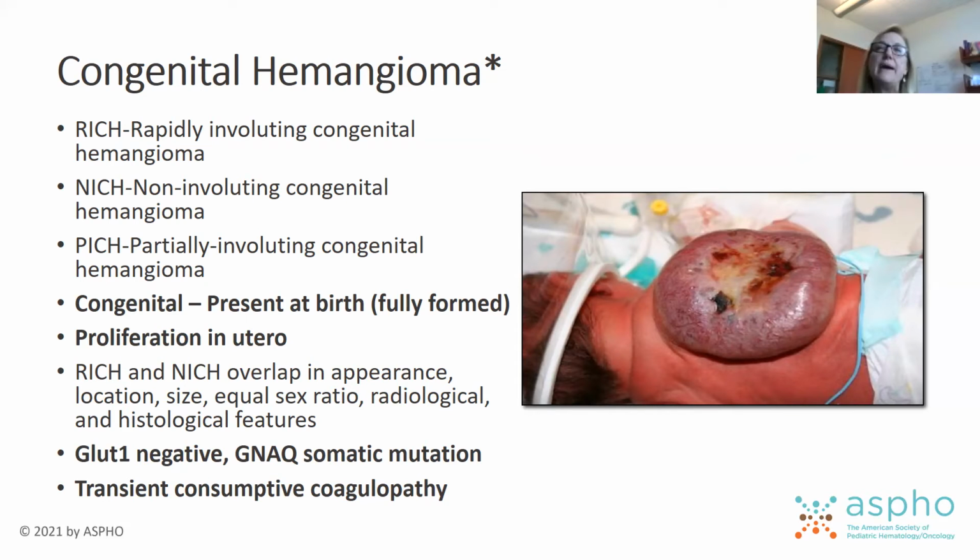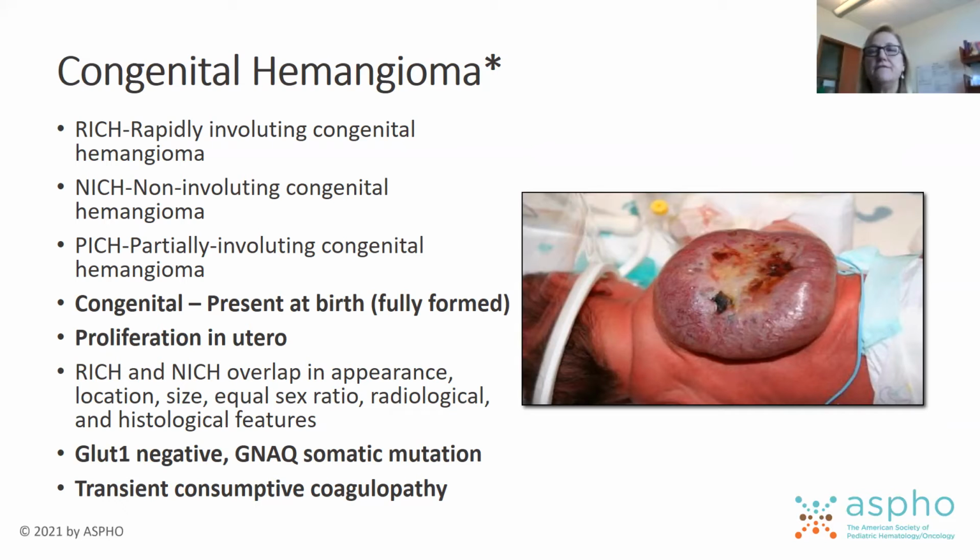So now let's go back. We mentioned congenital hemangiomas a bit, but let's go back and talk a bit about congenital hemangiomas. And if you remember, we mentioned them because the single liver lesions are congenital hemangiomas. I hate the fact that it has the name hemangiomas because these are usually single lesions that are fully formed at birth.